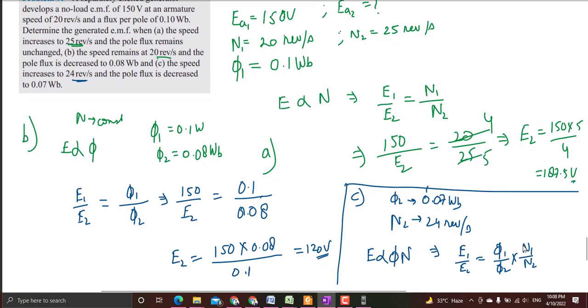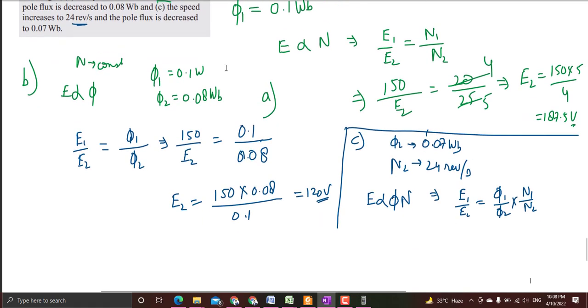And we'll put all the data. So E1 is 150, so 150 divided by E2 is equal to phi 1, which was 0.1, and phi 2 is now 0.07.